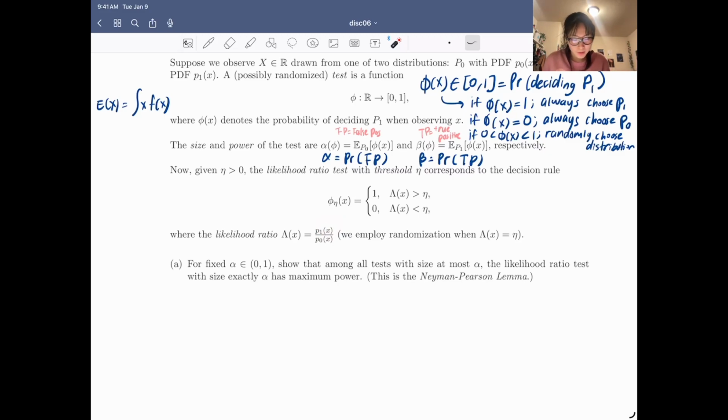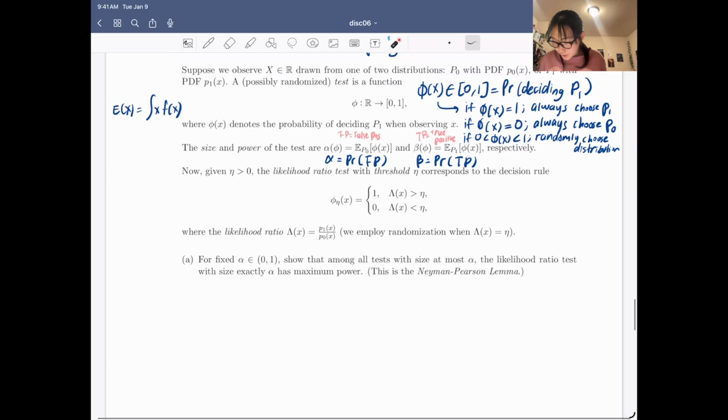Let's say P1 is classifying something as positive, P0 is it being negative. That's arbitrary, by the way. It doesn't have to be the case, but just for clarity, I'm pretending that P1 represents the positive, like this person does have an illness, and P0 the negative, this person doesn't have an illness.